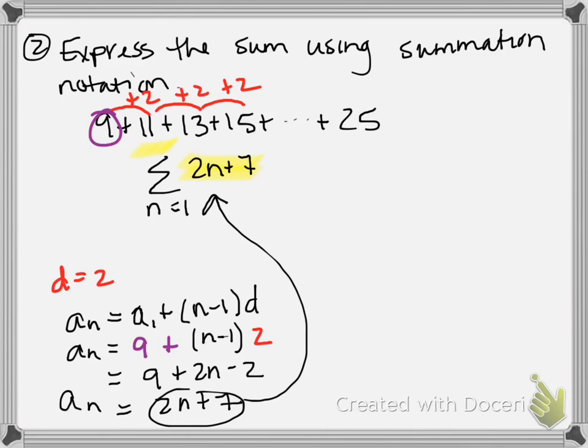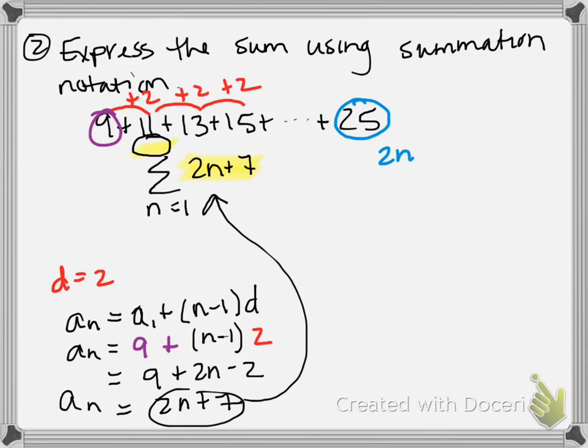Okay. Now the last thing I have to do is figure out what this top number is going to be. So I know the last term in my series is 25. So my strategy is going to be to figure out what n is when I get 25.